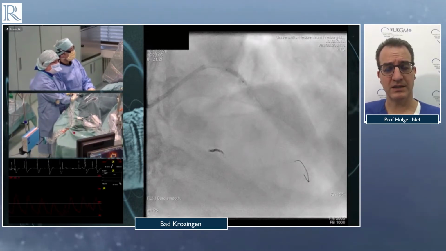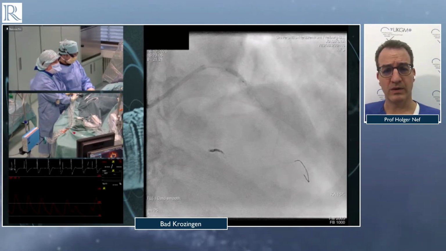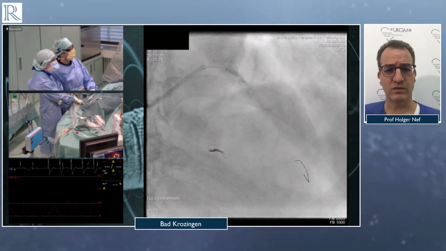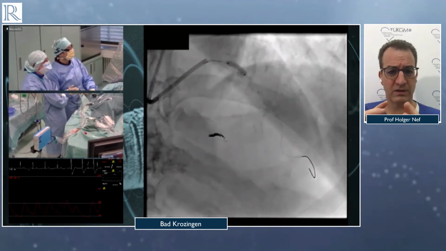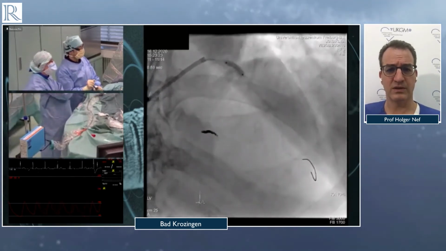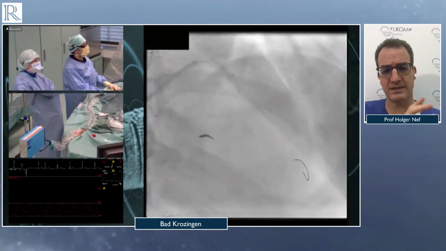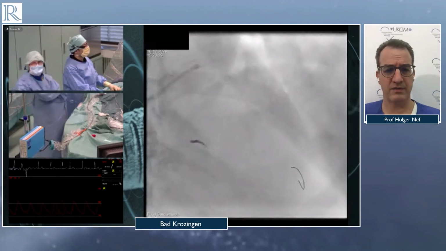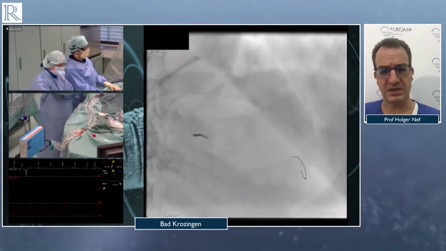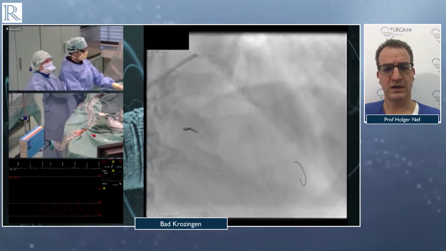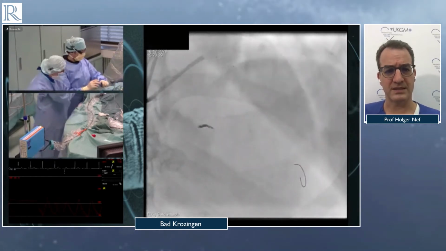The question our audience has is, how do you decide to give a certain number of pulses? Do you always give the same number, 80 pulses, or do you say after 40 pulses the calcium is cracked, so now I stop?